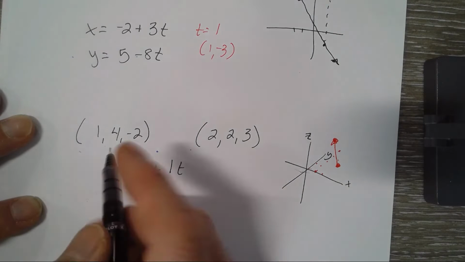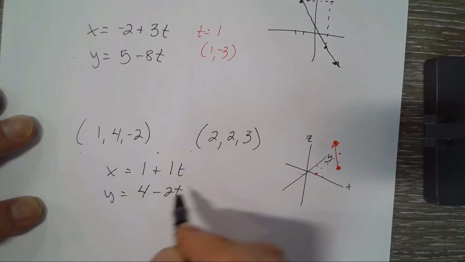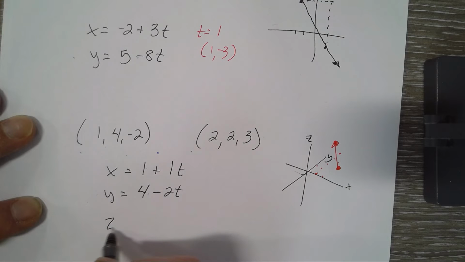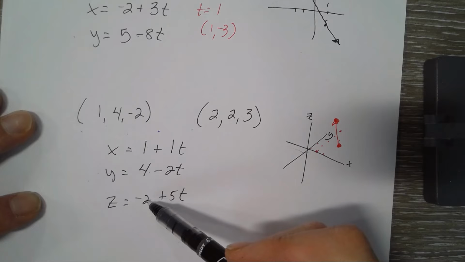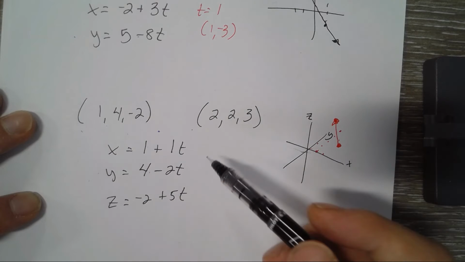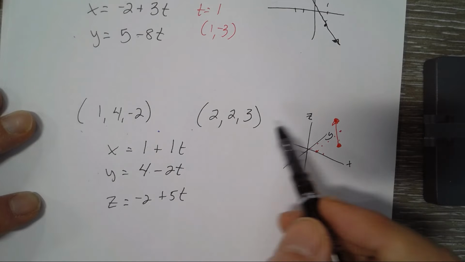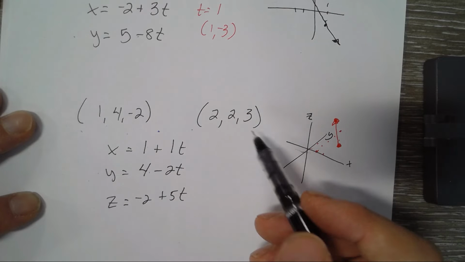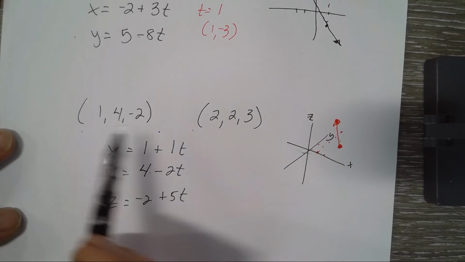For the y, I'm going to start at 4 and I'm going to go down 2t. And then z is going to start at -2. So when t is 0, I'm at 1, 4, -2. That's my initial point. When t is 1, I'm at 2, 2, 3. So I go through that point after 1 second. So those are parametrics given 2 points.